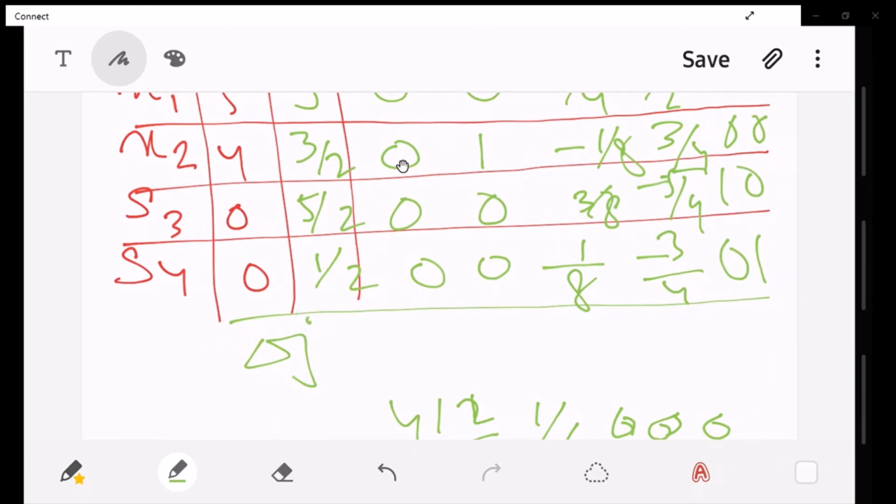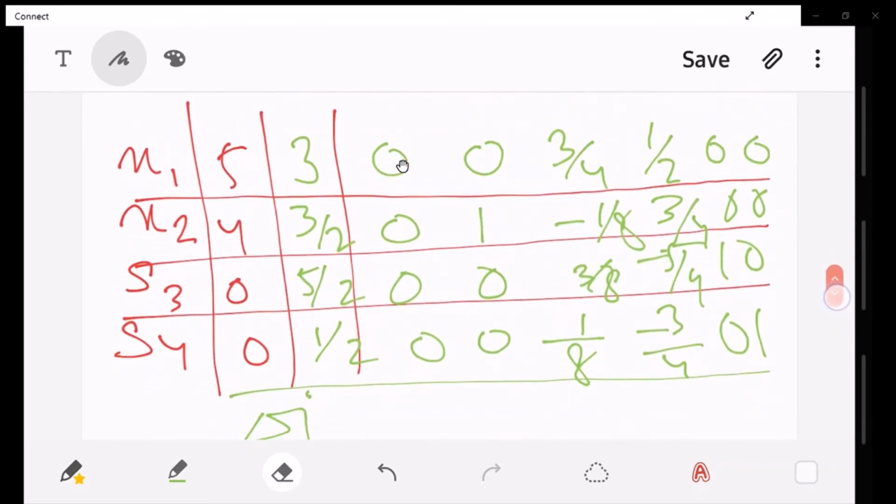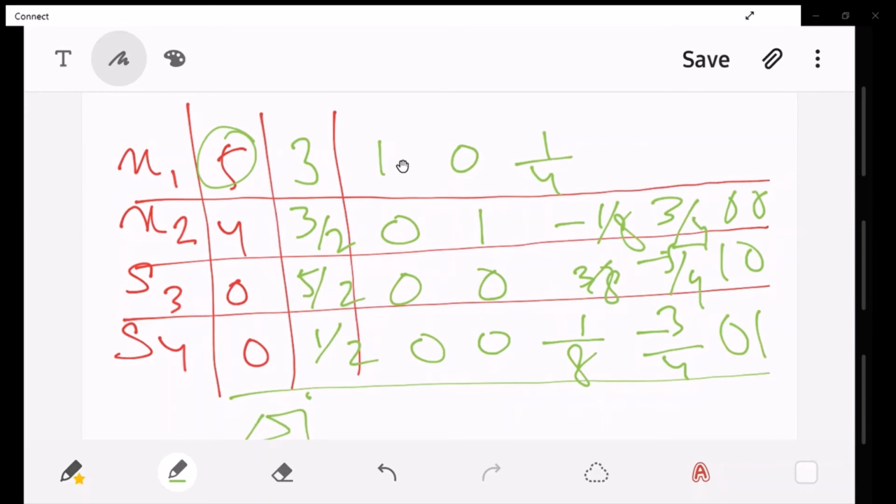Del z is equals to CB into XB minus, here we are getting 1, 0, 1 by 4, minus 1 by 2, and 0, 0.